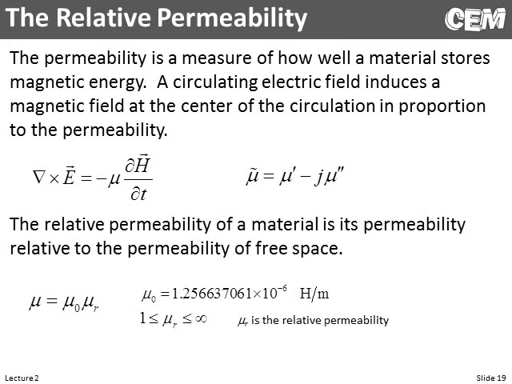Relative permeability, this is the same exact thing, but it's the other curl equation now. We substitute constitutive relations into the curl equations, and we end up here. And again, now the permeability is another proportionality constant. If we have a circulating electric field, it induces a magnetic field at the center of the circulation. And how much does it produce? Well, the permeability is that constant of proportionality.